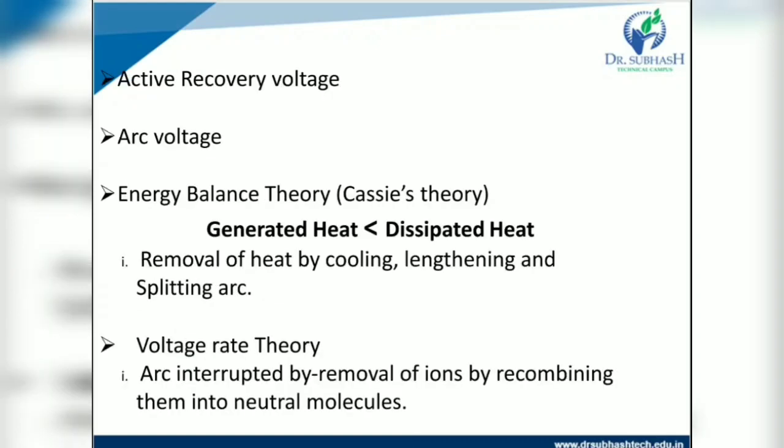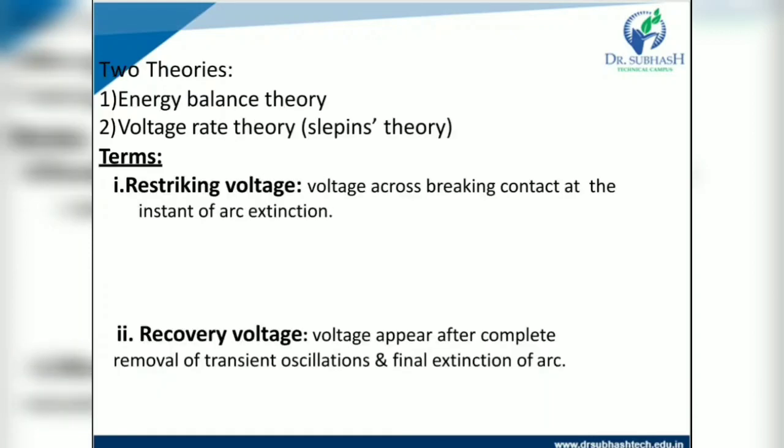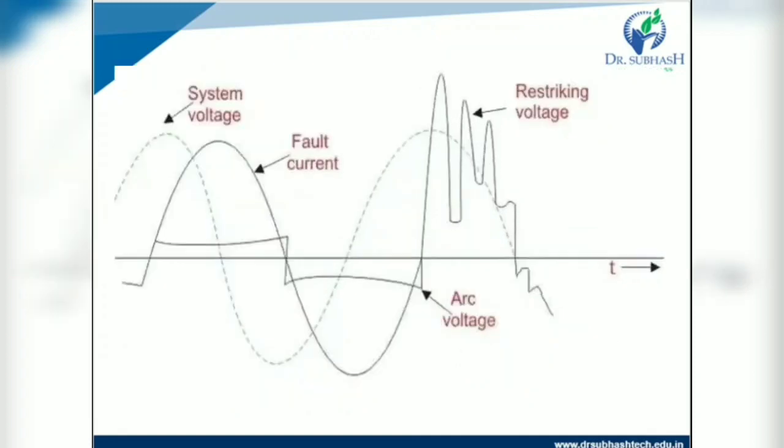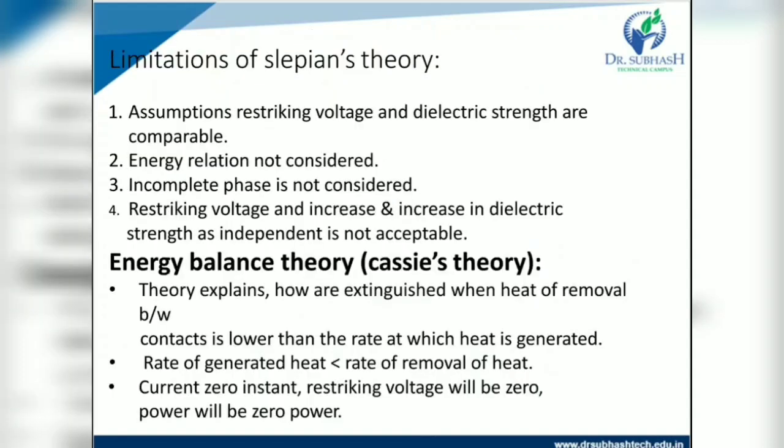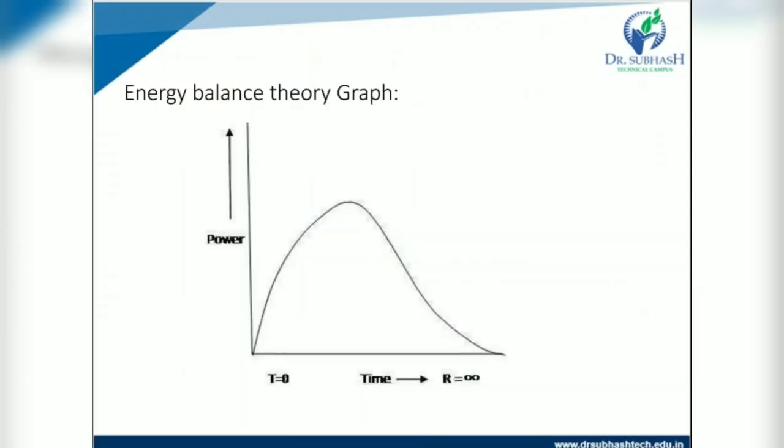So in this video lecture we studied recovery voltage, arc voltage, restriking voltage, then the two theories, the energy balance theory and the recovery rate theory, the limitation of Slepian's theory and the energy balance theory, and the energy balance theory graph.